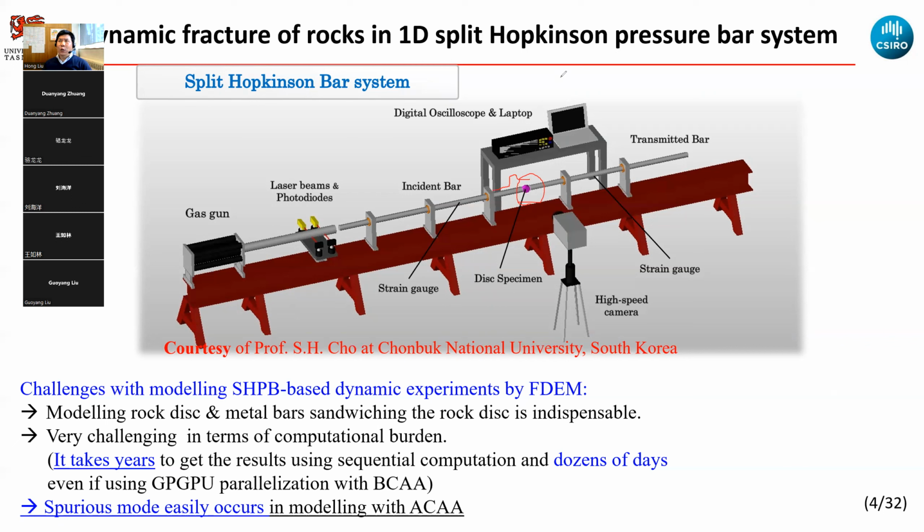For our case, we represented the full laboratory system, including the incident bar, the rock sample and the transmission bar. Obviously I ignore the gas gun, and I put the impact at the start of the incident bar.